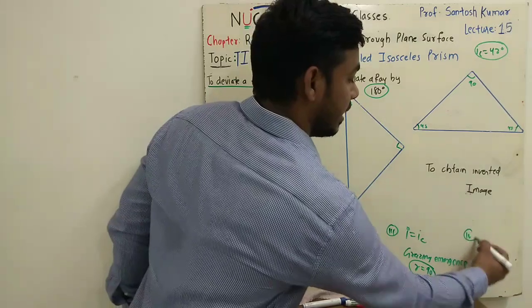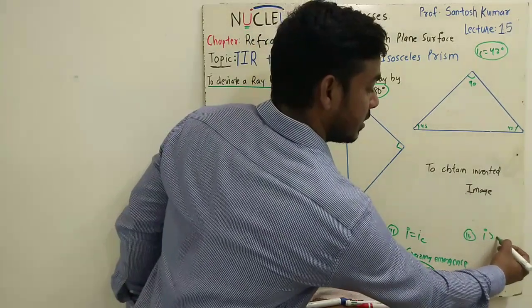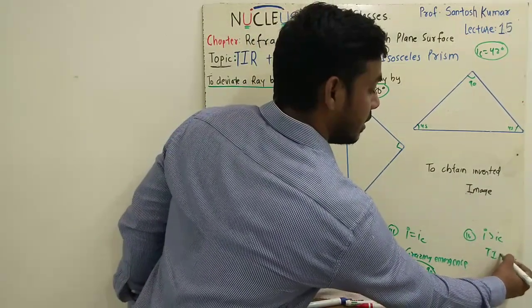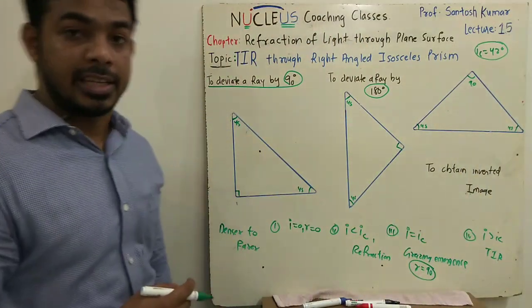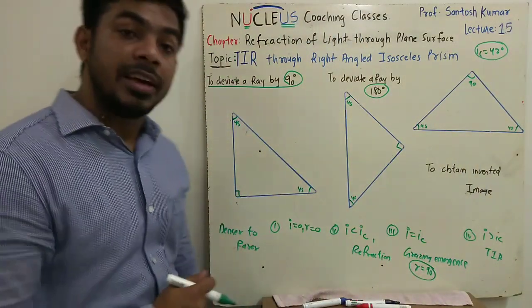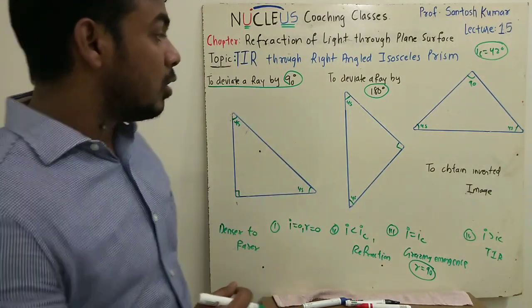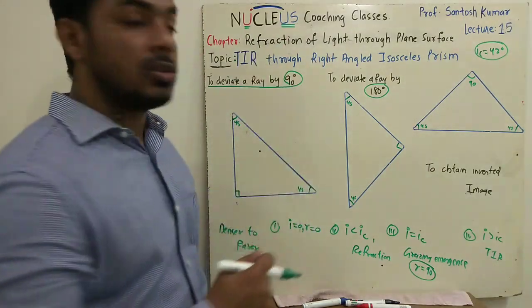And the last case, if angle of incidence is more than critical, then only total internal reflection takes place. So these four conditions are very important to study total internal reflection through prisms.